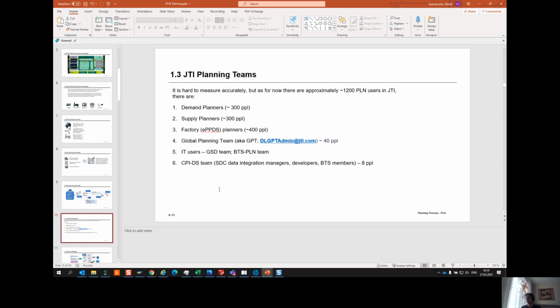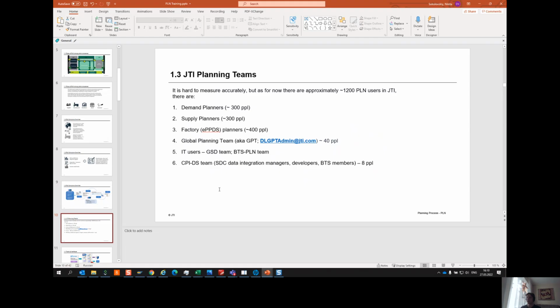But as for now, there are approximately 1,200 PLN users in JTI. Just to roughly split them, let's say there are about 300 people as demand planners. They mostly work with the IBP system. Also about 300 people approximately in the supply planning process, who also work mostly in IBP.